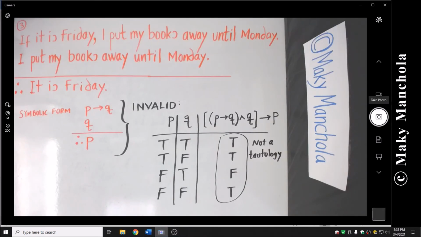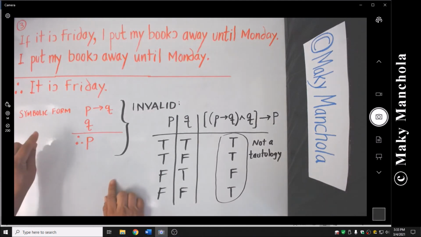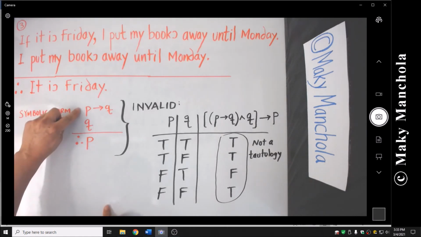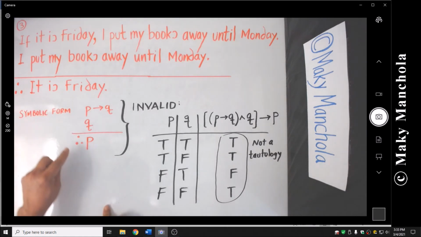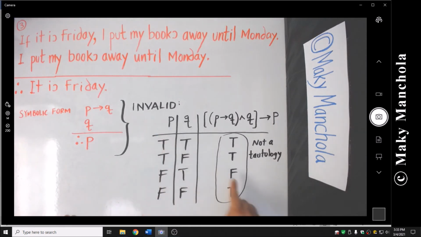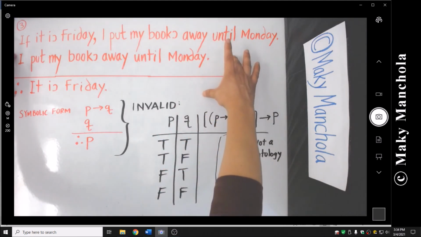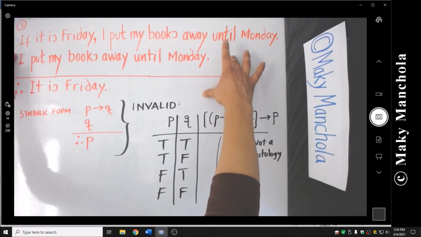In our example 3, our symbolic argument form is P implies Q, Q therefore P. It happens to be invalid because the conjunction of the premises implies the conclusion is not a tautology. So our argument is a formal fallacy.